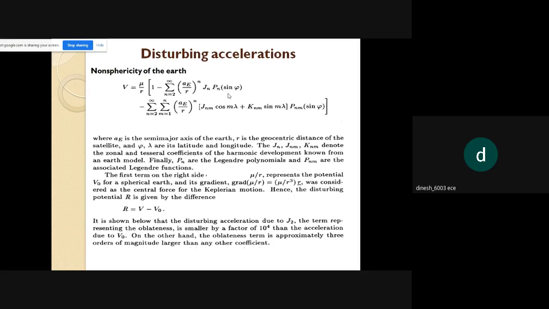Here lambda and eta are latitude and longitude respectively, AE is the semi-major axis of the Earth, and R is the geocentric distance of the satellite. Jn denotes the zonal coefficient of the harmonic development from the Earth model, whereas Pnm are the tesseral coefficients of the harmonic development.